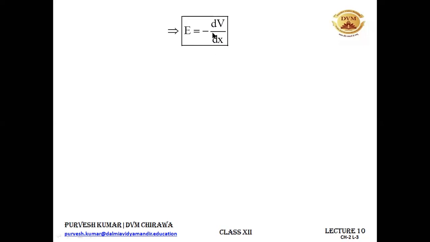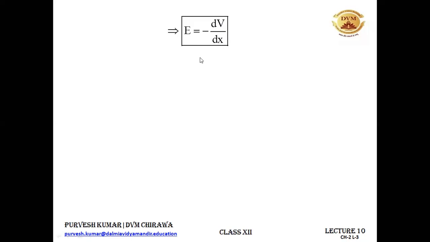So this dV upon dx is the potential gradient, and this is the relation between the electric field and the potential difference over a length dx. If V is the potential difference over length L, you can write E equal to V upon L, in magnitude.